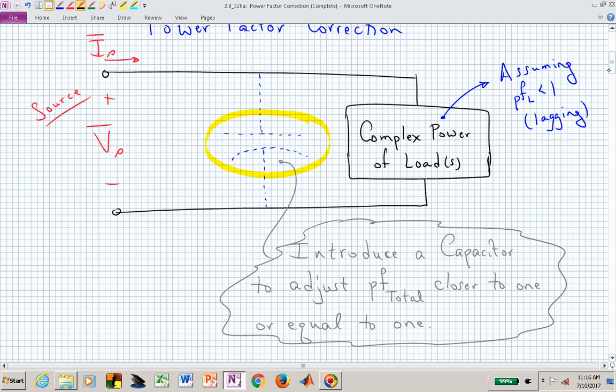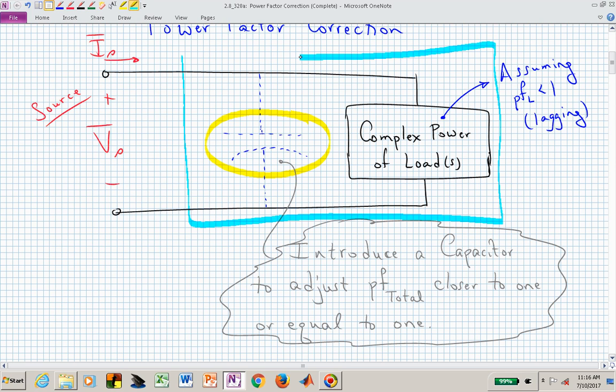by introducing a load in the form of a capacitor or a capacitor bank that will be selected to move the power factor of the combination of the load and this capacitor. Now this is our overall load. We want that power factor to be closer to 1, which means that we are not being as demanding on the source.